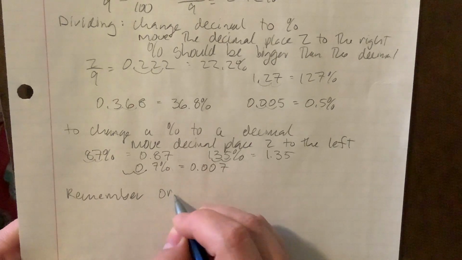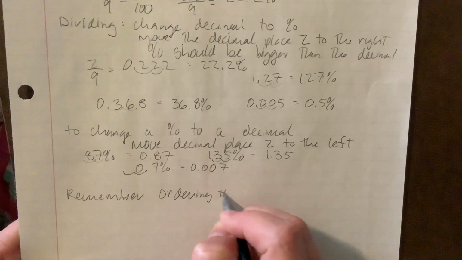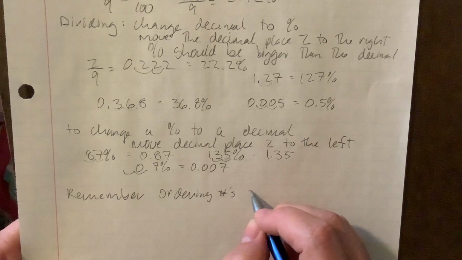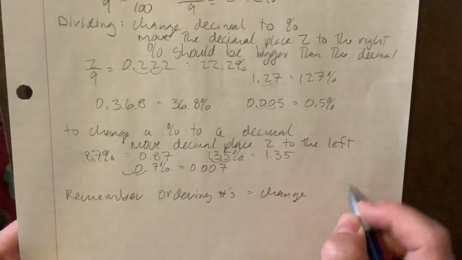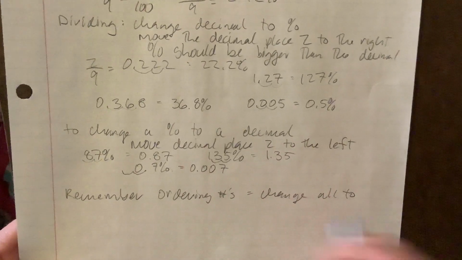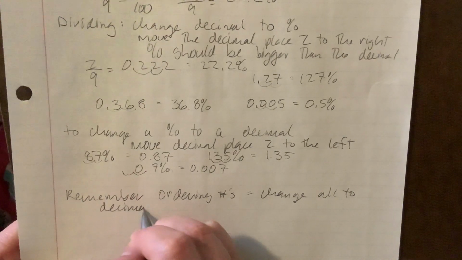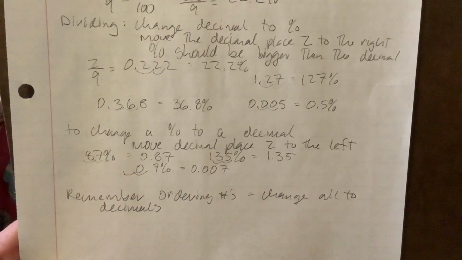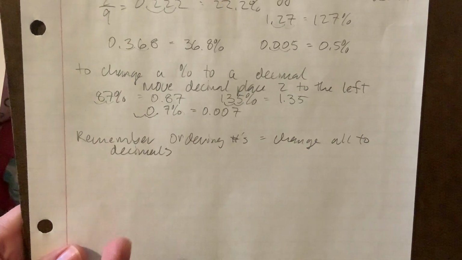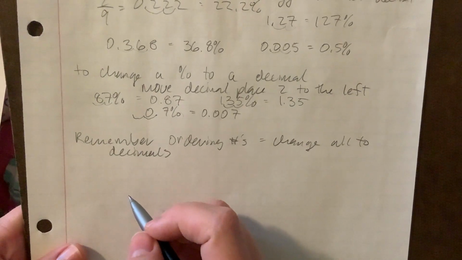Remember, for ordering numbers, change everybody all to decimals. Then I like to line them up vertically because I think it's easier if you line up the decimal places. It makes it a lot easier to compare them.